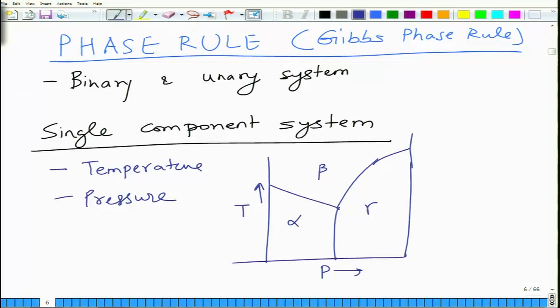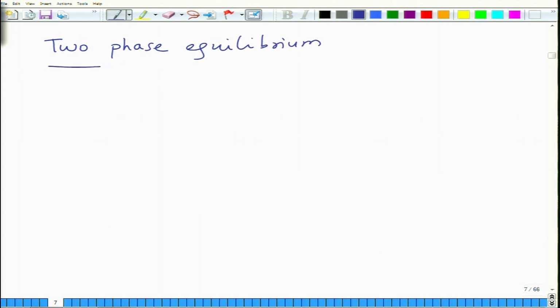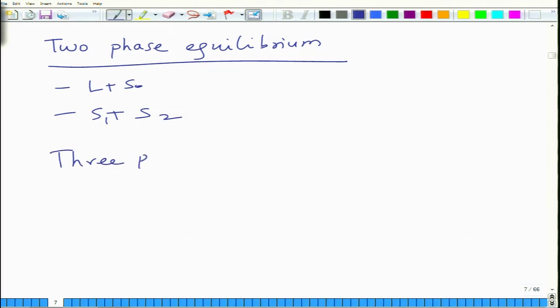That we can see with the help of this phase rule. You can have two phase equilibrium, for instance. As we have seen in binary systems, you can have liquid plus solid, solid plus solid, and so on and so forth. You can have three phase equilibrium.